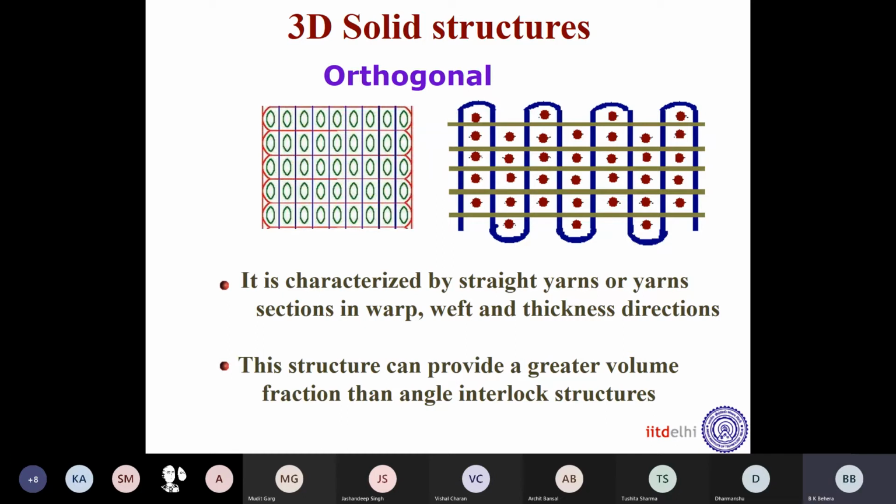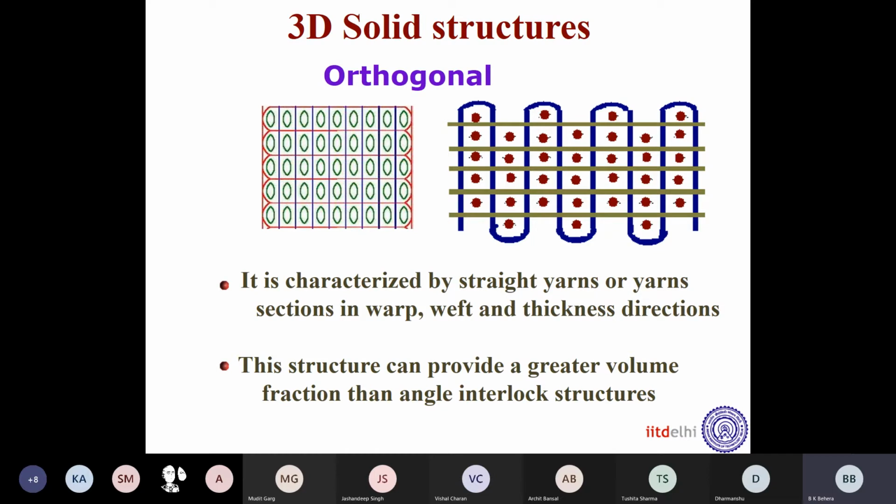I have already told you what is fiber volume fraction. Just like your packing density in yarn, in a fabric we calculate fiber volume fraction. Particularly this is a 3D fabric, which means the fabric has substantial thickness. So we can easily calculate its volume: length multiplied by breadth multiplied by thickness.